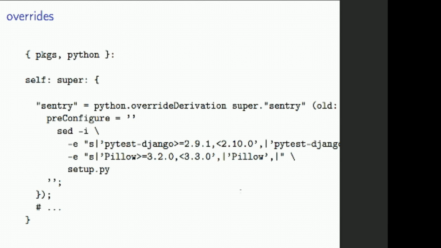We just override the derivation to remove some stuff that we don't want to have in our setup.py, for example, version pinnings, because we want to take care of that. Nothing special, I guess, if you've ever overridden any derivation.